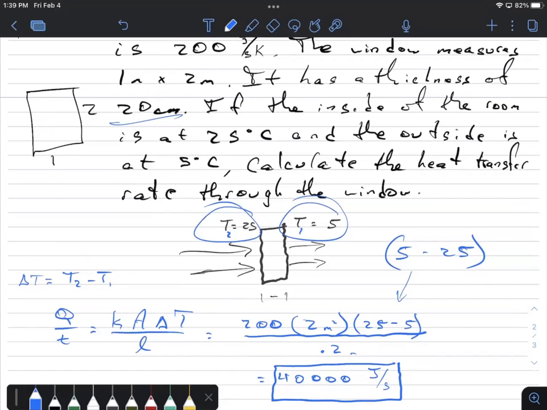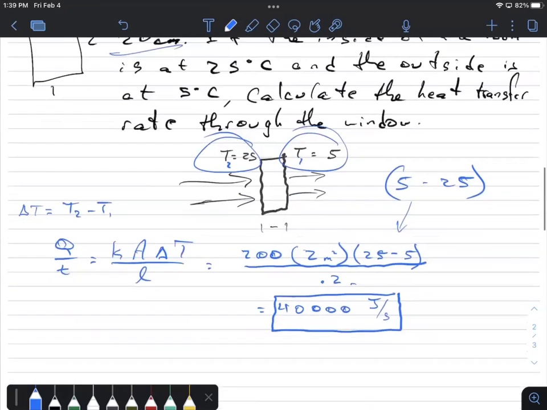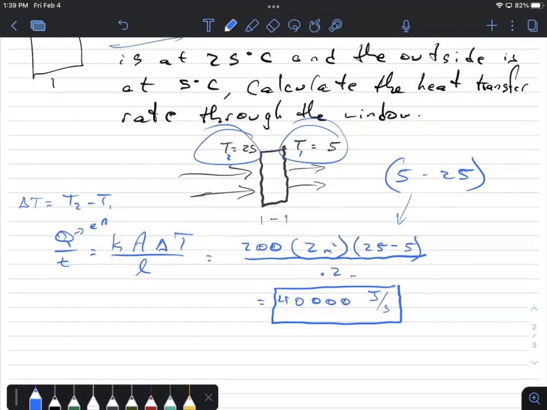Number one, Q means energy, right? That's how much energy flows. T means time. So it is two different things. Okay, Q is energy, T is time. They're different variables. However, what we have done is we said, look, sometimes I don't care what the energy is. What I care about is how fast the energy will move.